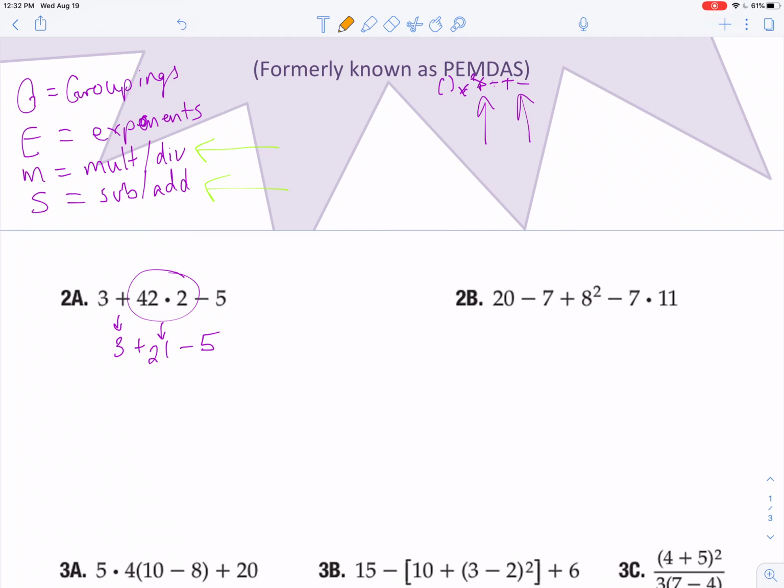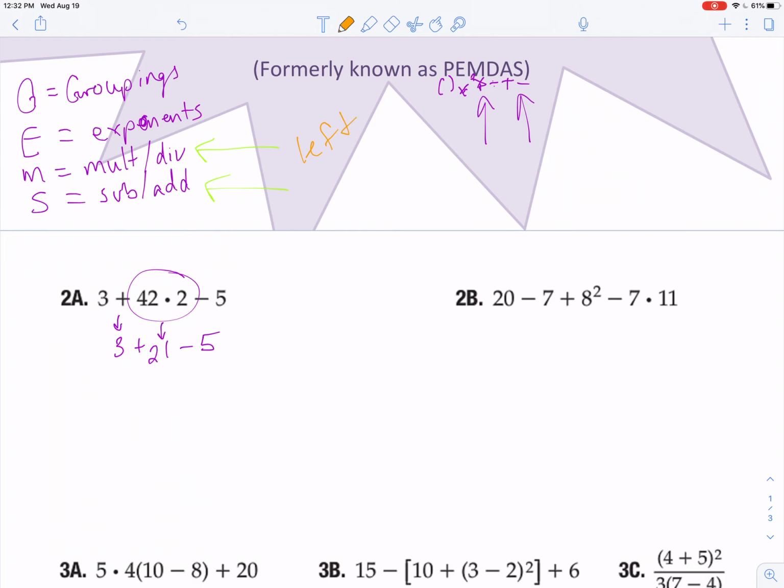How do I know which one I should do first? Technically, when we do PEMDAS, the A is written first. But with subtraction, it's kind of like the S is written first. Again, they're the same level of importance, which is why I like GEMS. And so what I'll do here is work it left to right. In fact, I'm going to write that up here.